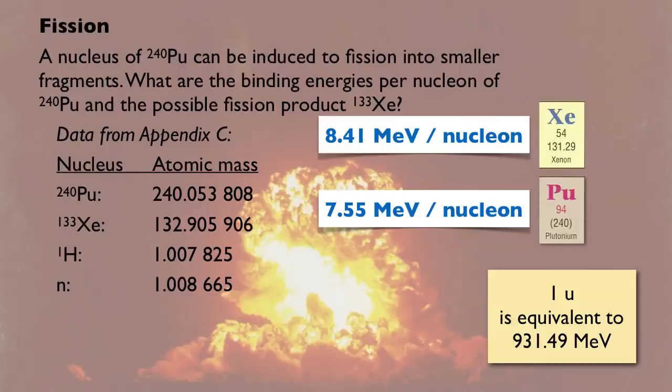So there is more binding energy for the xenon than for the plutonium. So if I could take plutonium and split it into xenon plus other atoms, energy is released in the process, and that is where the energy comes from in fission explosions, or also in nuclear reactors. It's from fissioning from heavy, less stable nuclei into lighter, more stable nuclei.